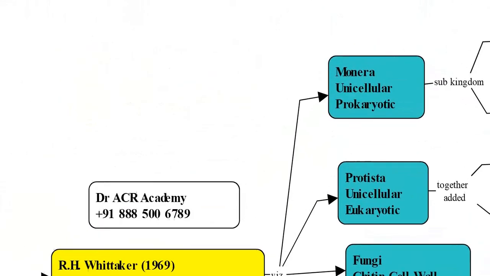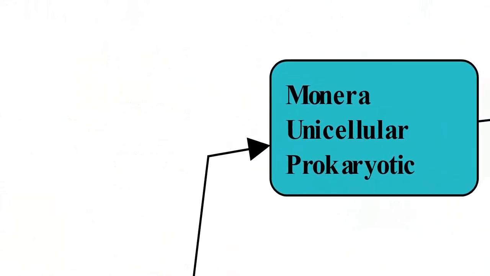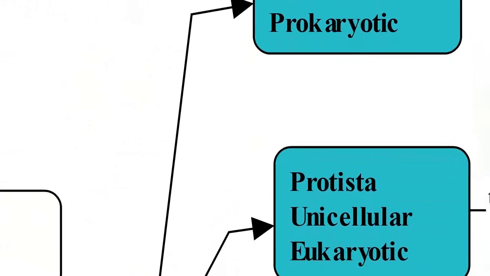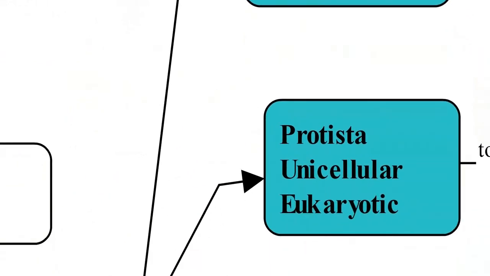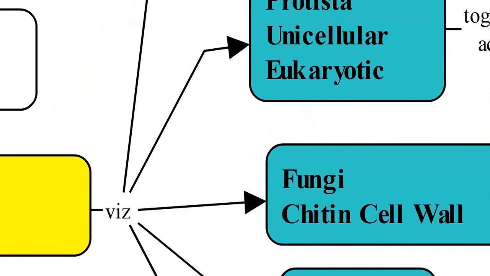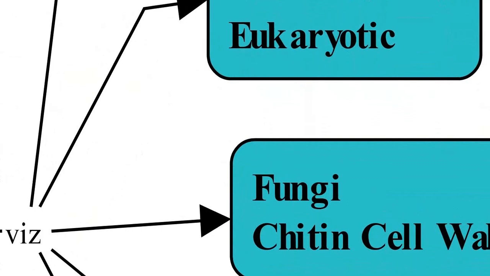So under the kingdom Monera, he placed all unicellular prokaryotic organisms like bacteria. Then under the Protista, he placed all unicellular eukaryotic organisms. Then under the Fungi, he placed the multicellular heterotrophic organisms whose cell wall is made with chitin.